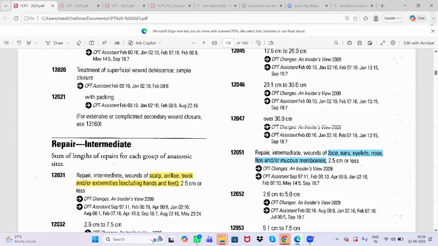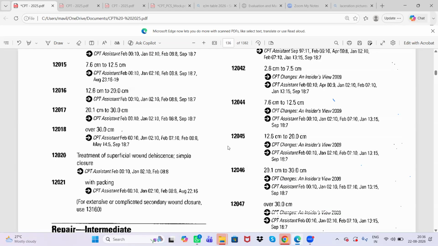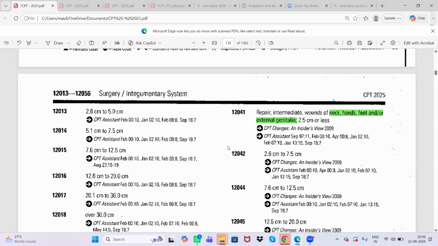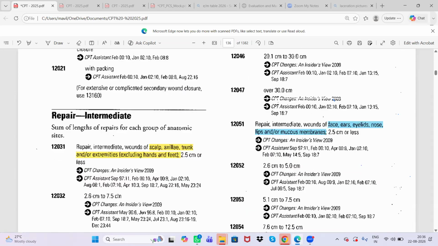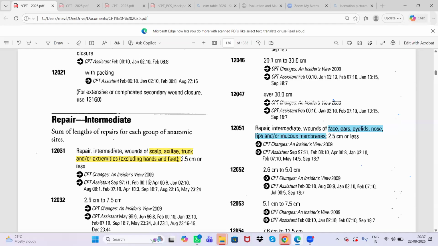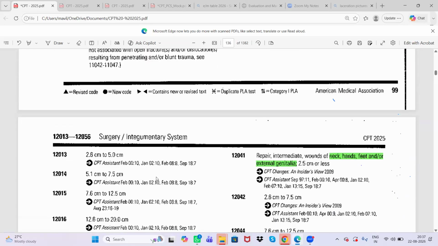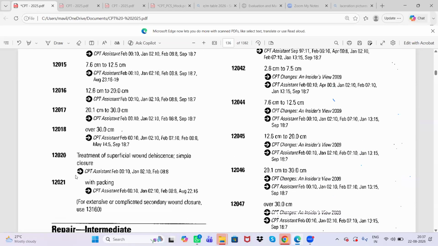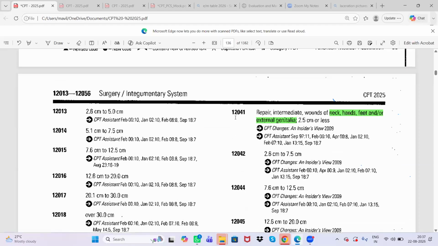It is 12031 or 12041. Hands and feet are 12041, but it is wrist, not hand, right? So you can go ahead with 12031, not 12041. Okay? Okay, ma'am.